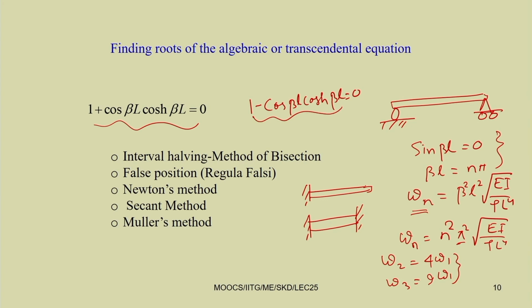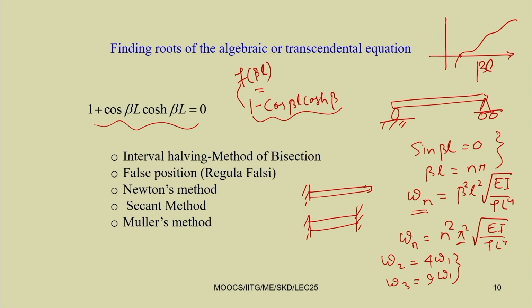We can use the brute force method, that means we can plot. Taking f beta L equal to 1 minus cos beta L into cos hyperbolic beta L, we can plot this and find the point where it is crossing the 0 line.